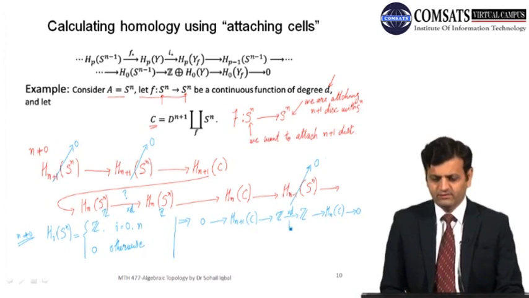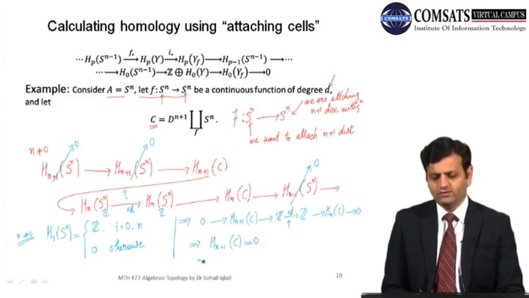But the kernel of the multiplication map is 0, because the only way we can get a 0 in the image is to multiply 0 by d. So the image, which is H n plus 1 C itself, is equal to the kernel, which means H n plus 1 of C is equal to 0.